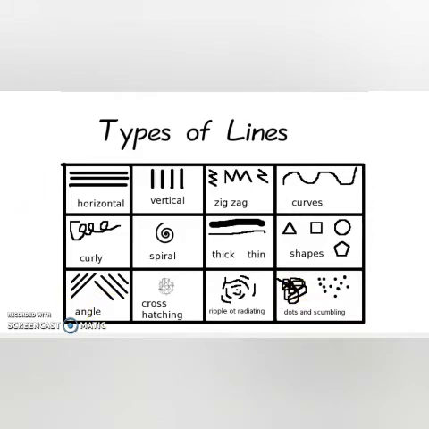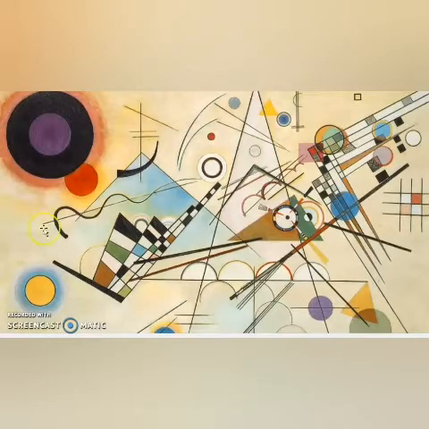Now let's proceed to this one. This one is an example of an art. The artists have used different kinds of lines to be able to create a masterpiece. Okay?